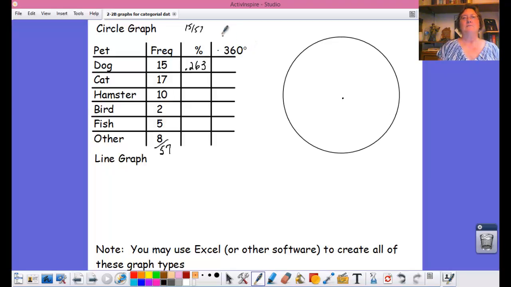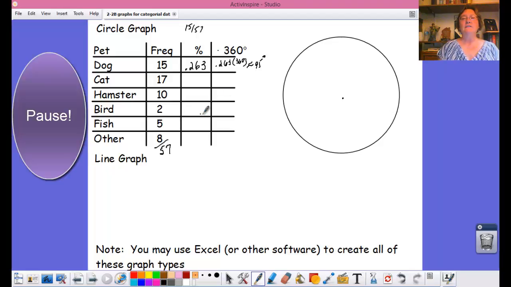So now I multiply 0.263 times 360 to come up with a number of degrees. And that came out to about 95 degrees. I rounded to the nearest whole number here. I took my percentages out to 3, multiplied by 360, and rounded to the whole number. And I'm going to ask you to pause the video and compute the rest of these percentages in degrees.